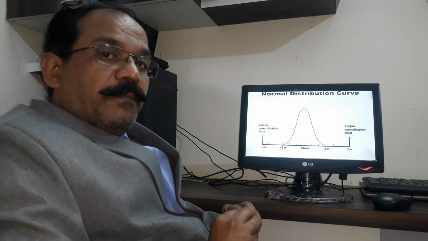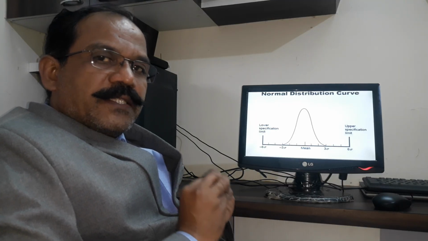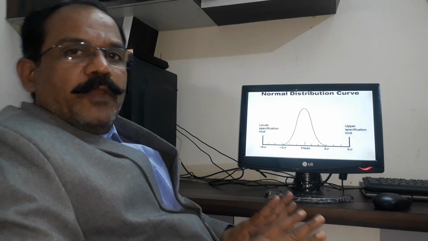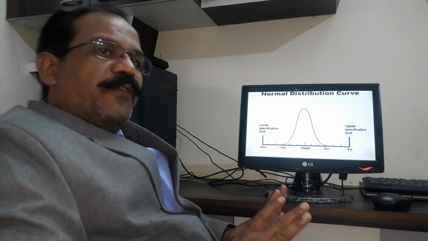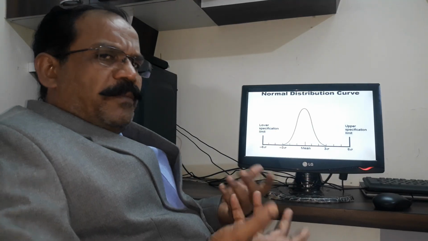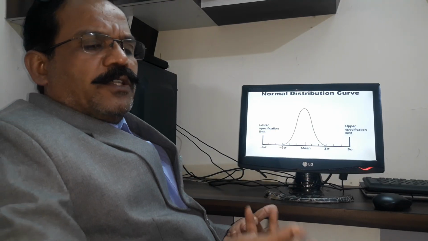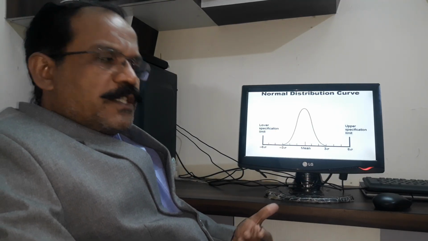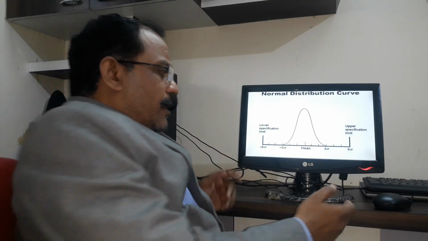That means 99.7% of products will be accepted if they fall within the limits. Products outside these limits will definitely be rejected, because they are not as per the specification.